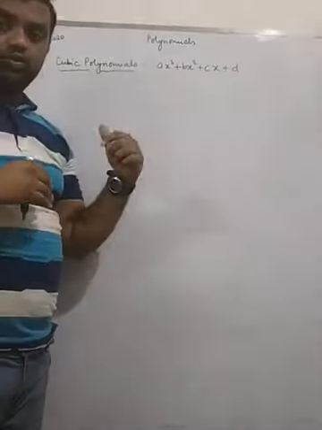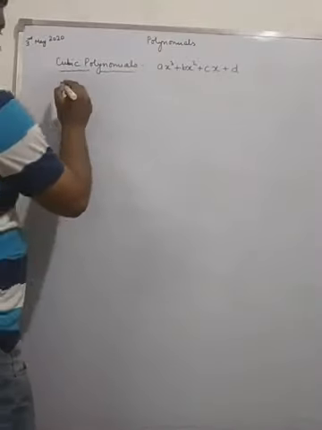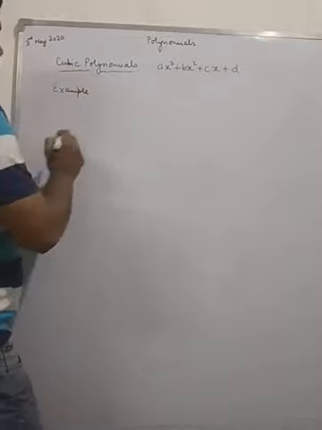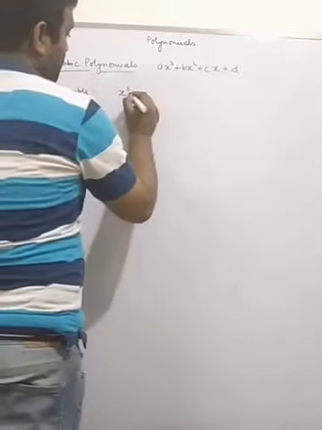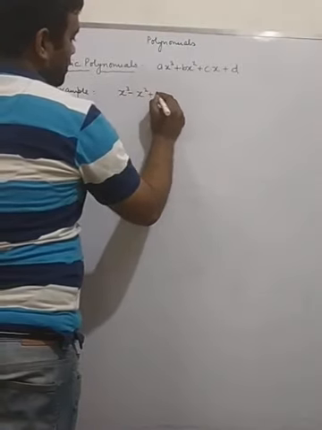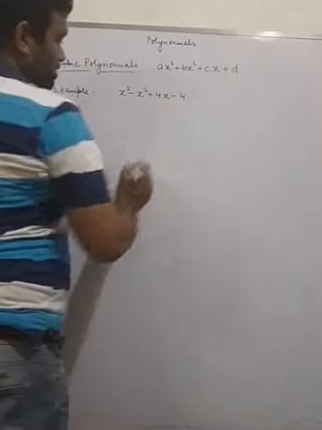Let's take an example to understand this. x cube minus x square plus 4x minus 4.